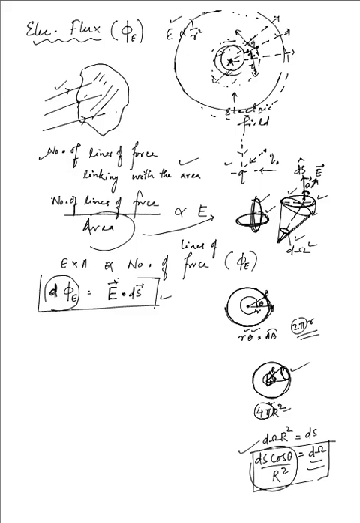Now with the concept of flux done and dusted, we can move over to the theorem which allows us to obtain the flux that is linked with a closed surface enclosing a certain amount of charge, and that is the Gauss theorem. What we will be dealing with at this level is the differential form of the Gauss law. What the Gauss law tells us is that the amount of flux associated with an enclosed surface, let it be of any shape, not necessarily spherical.